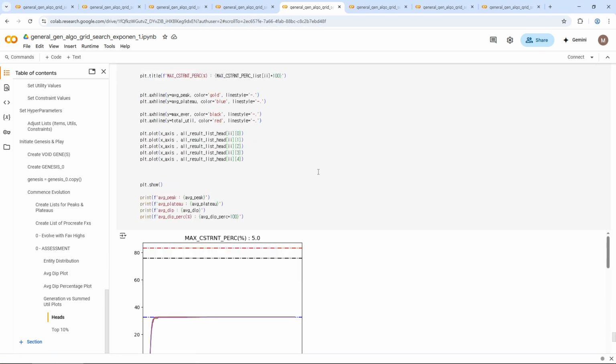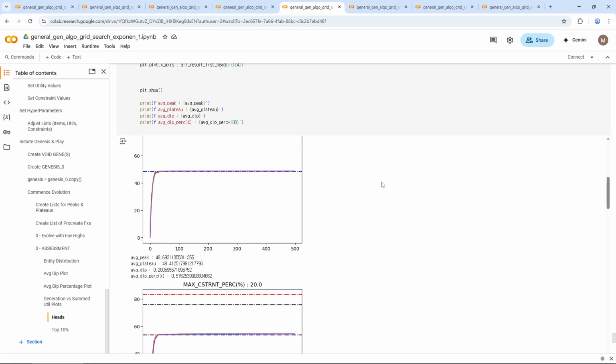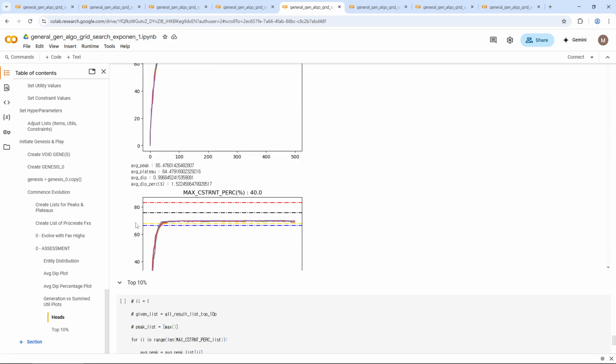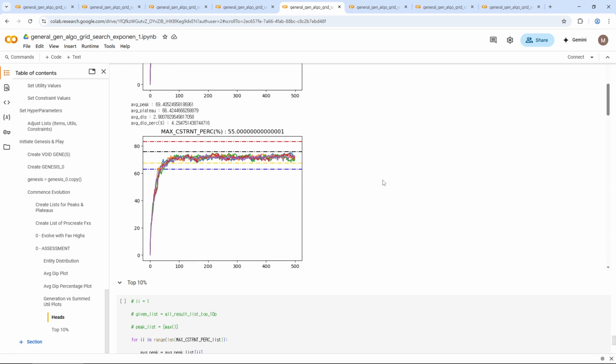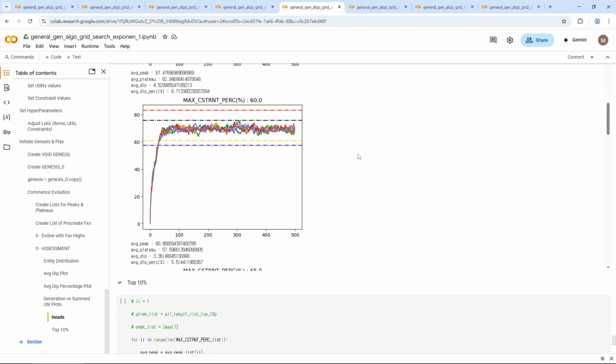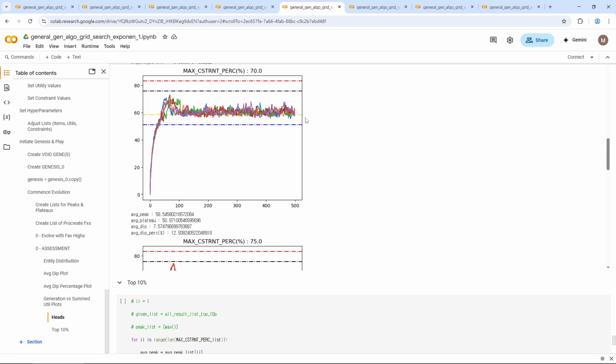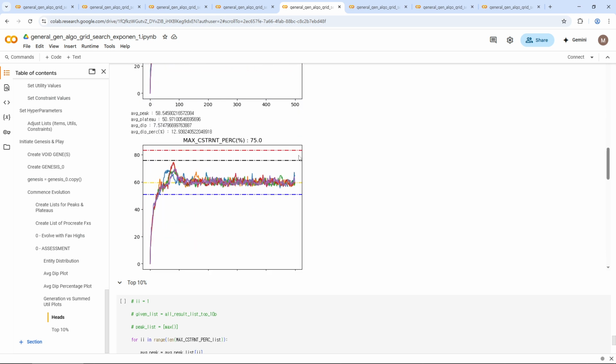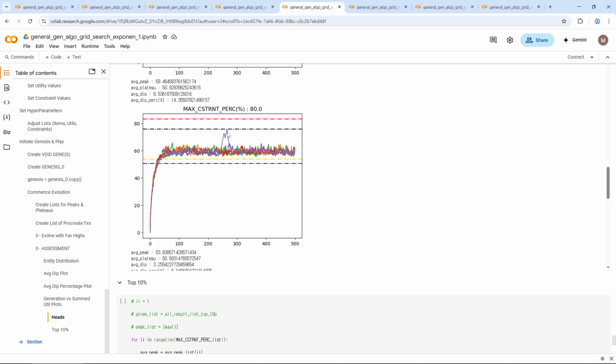Let's have a look at the heads. When do we hit the maximum error? Probably again towards the end, right? No, almost at 55% too. At 60% we do. At 65 we don't. At 70 we don't. 75 we don't. 80 we do.